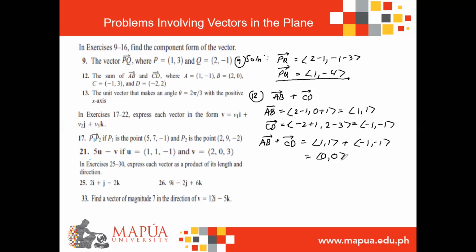So this is also known as the zero vector because a zero vector is a vector that has 0 components. So this is now your answer for number 12. So we can also write it as zero vector.